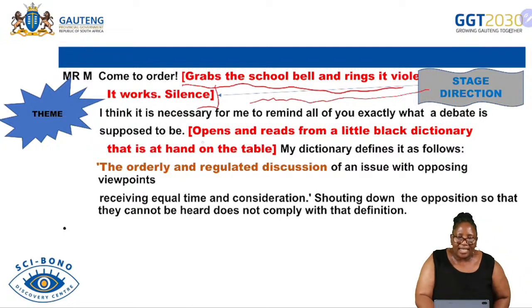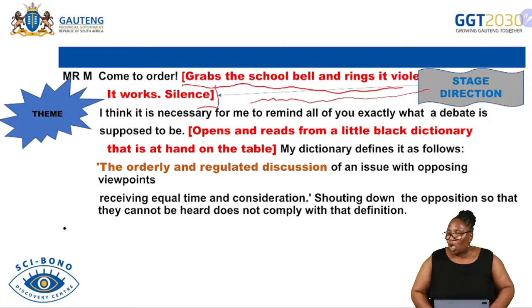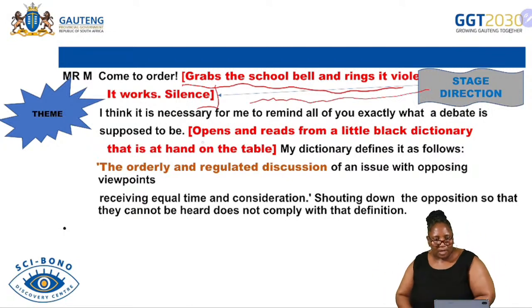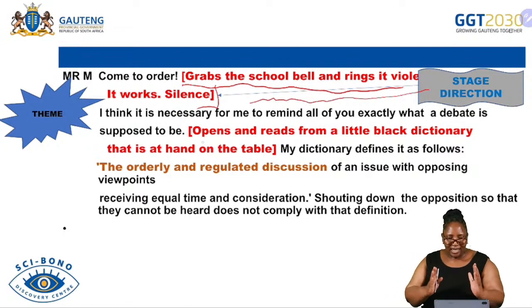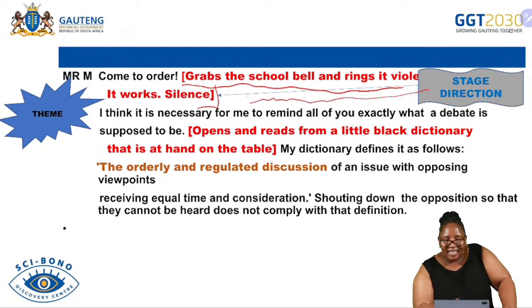Because Mr. M cannot say, I am ringing the bell, or I am opening the book. So those words are put together, and normally they are written in italics. My mistake here, I did not put them in italics. They are written in italics, and we say they are stage direction.